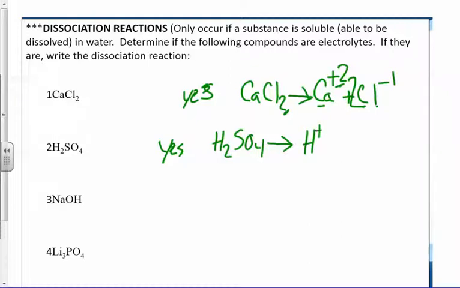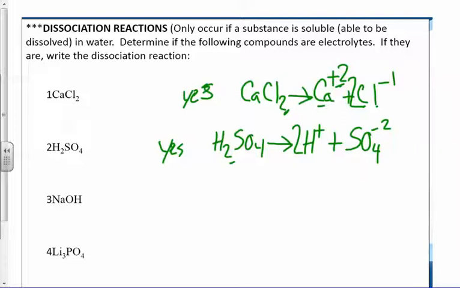For hydrogen, it's +1, and there are 2 of them, so we want to write that coefficient there. And then we are going to write sulfate. What is the charge on sulfate? Remember, it is -2, and there's only one of those, so we've done it. So that's a dissociation reaction.